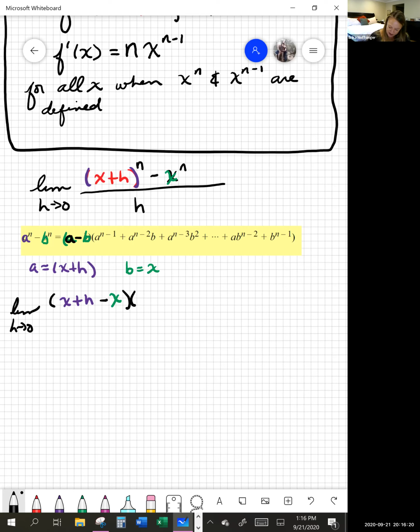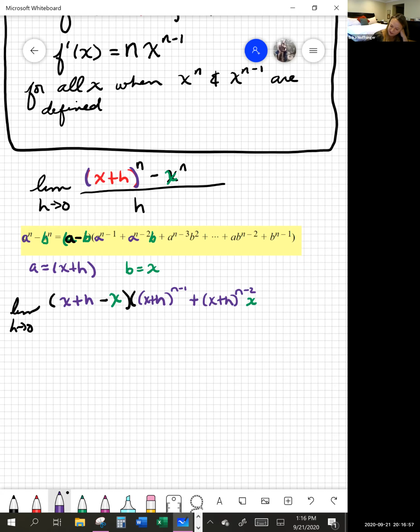Our a value, remember, is x plus h, plus a raised to the n minus 2 power, where our a value again is x plus h to the n minus 2, all times our b value, which was x.